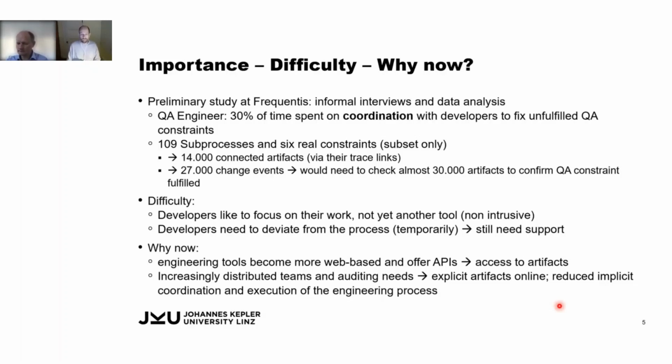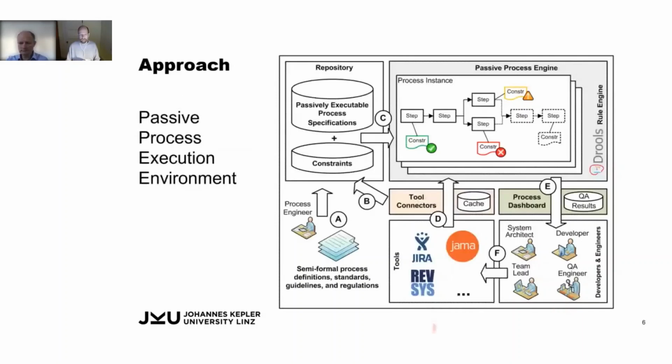And so what we proposed and started evaluating is called the passive process execution environment, where you have different stakeholders, such as system architects, developers, team leads, and quality engineers, that work with given tools such as Jira for issue tracking, Jama for requirements, revision tools, and so on.